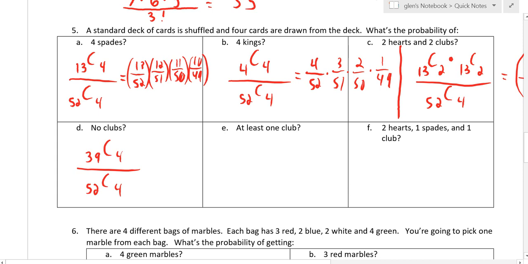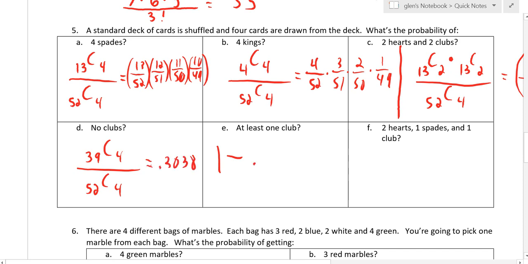And look, I'm not sneaky at all about these at least questions, kids. I asked you at least 1 club, because I just made you find the probability of getting no clubs. So at least 1 club is 1 minus no clubs. It's just 1 minus 39 choose 4, which is a big number, divided by 52 choose 4, which is 0.3038.